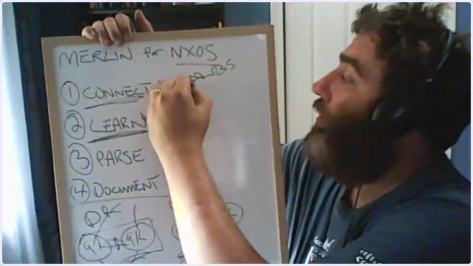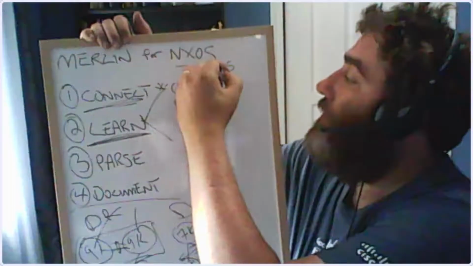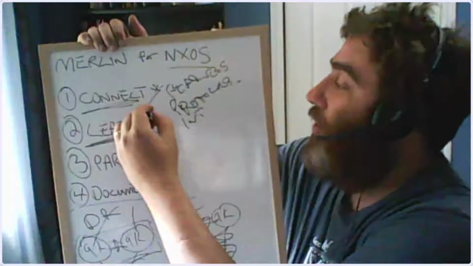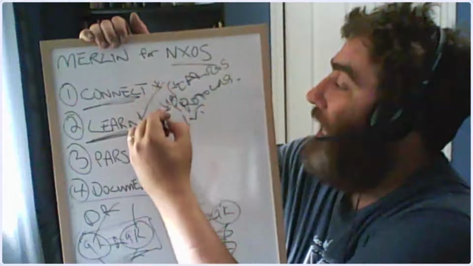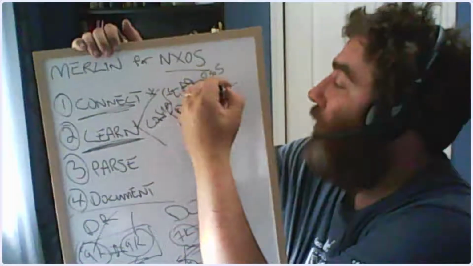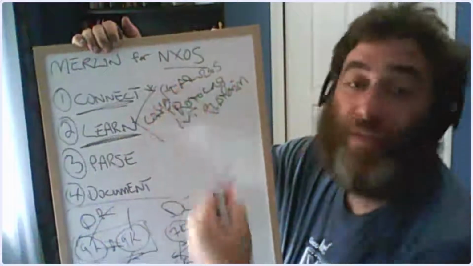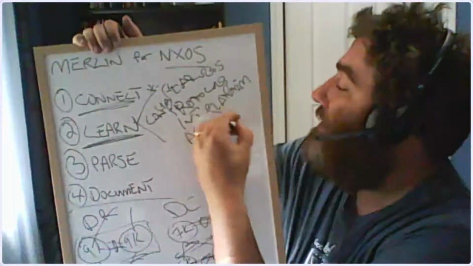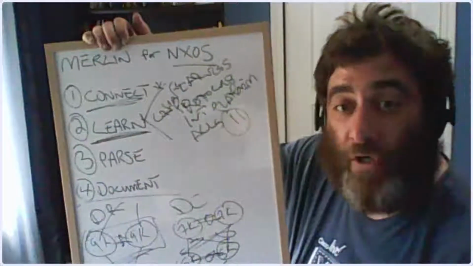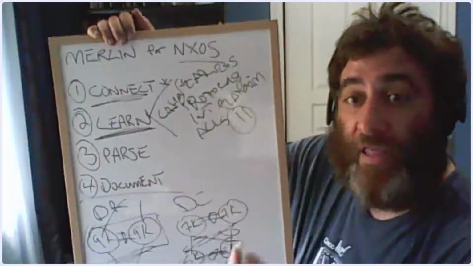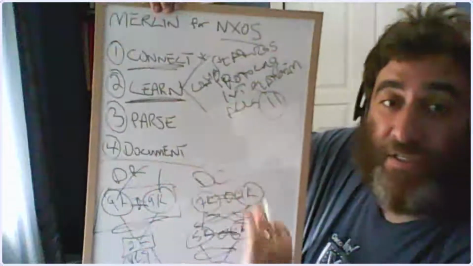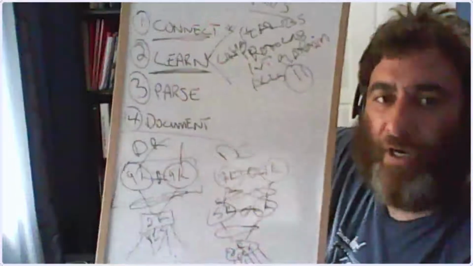We can learn protocols. We can learn interfaces. We can learn the full config. And we can learn about the platform and other things like ACLs. We'll see. I think it's 11 learned features that we're going to do for each of these devices. Right, so 6 devices in 2 disparate data centers, but they're running the same operating system.